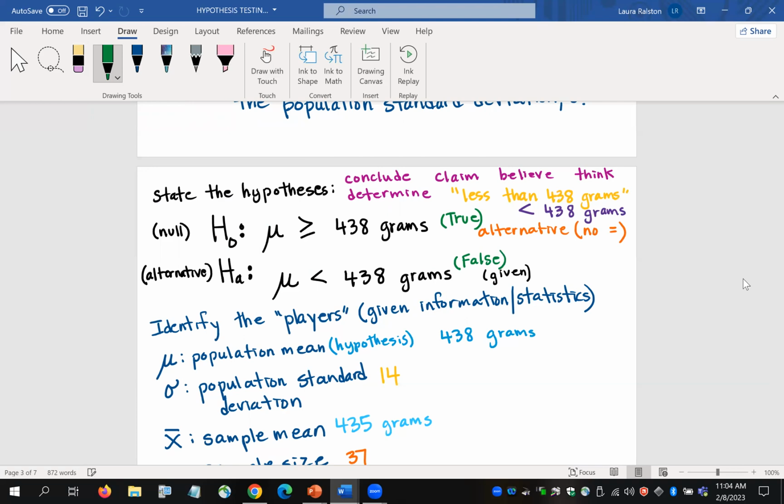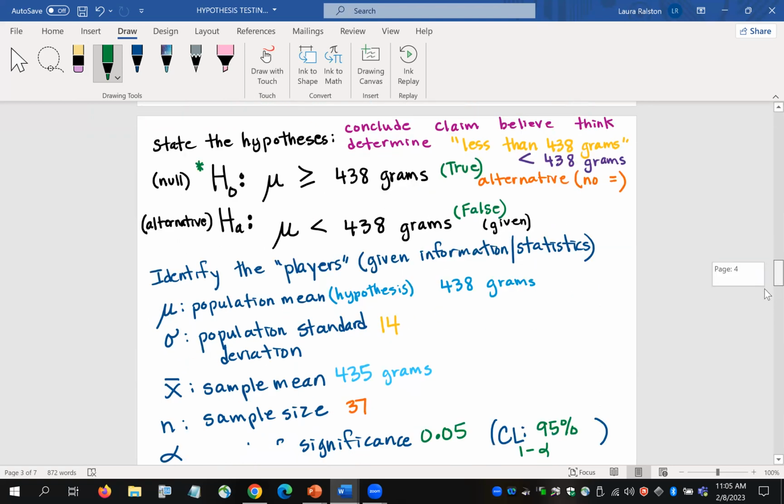So when I write my conclusion, I have to write my conclusion in terms of the hypothesis that was true. What the evidence showed is that the machine is putting 438 grams or more in the bags. It is not underfilling the bags, which is a good thing because we don't want to cheat customers. If I'm putting a little bit more in the bag, I'm good.